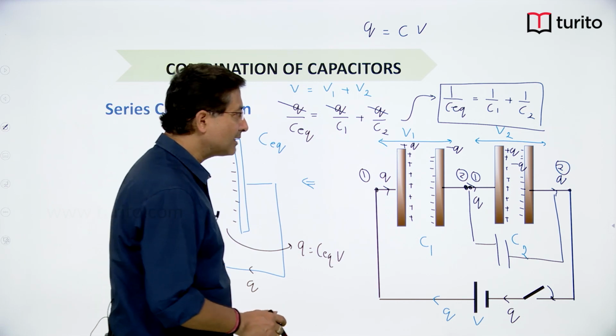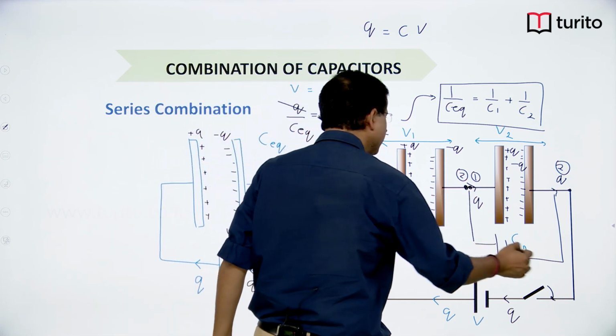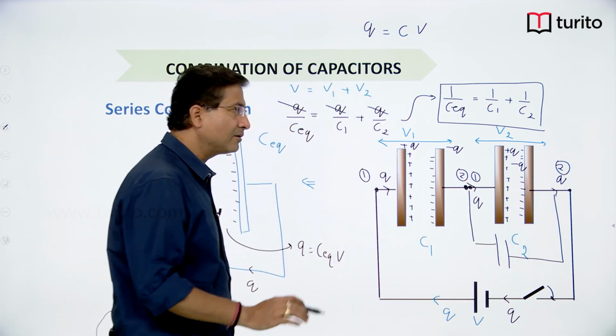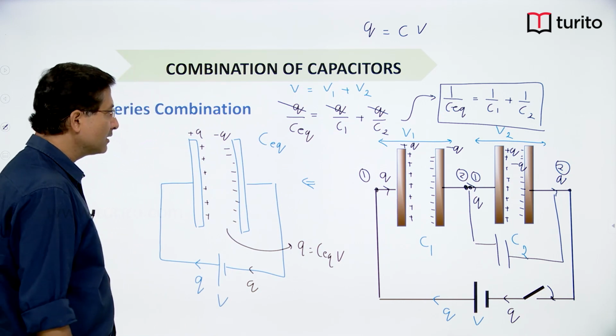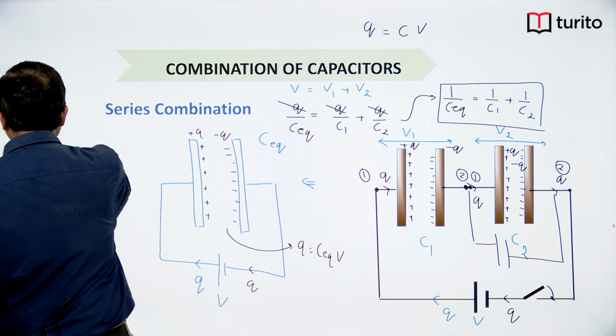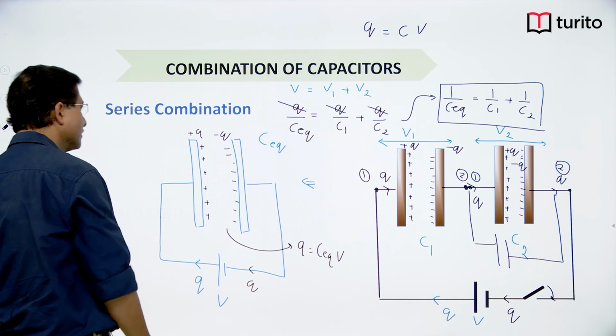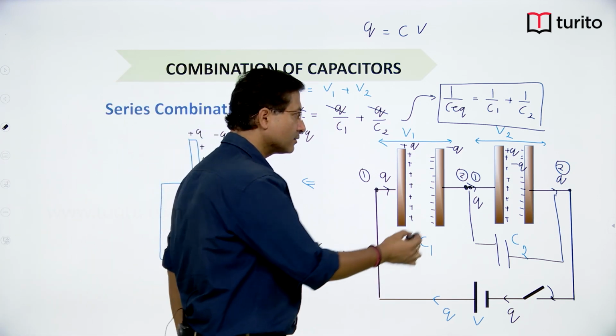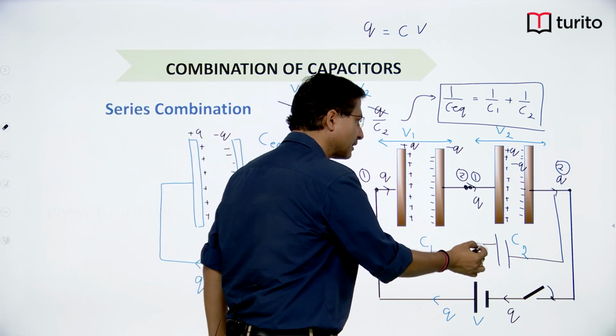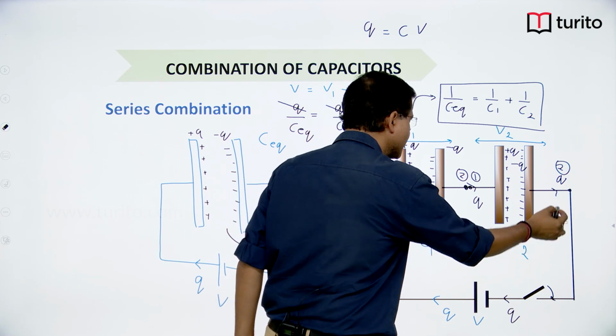That means at the junction there should not be any division of charge. So, there should not be any device connected at the junction, then only these two will fall in the category of series combination, right. So, here there should not be anything connected, then only it will be series combination.